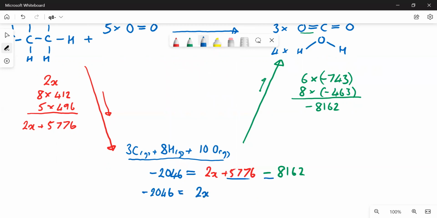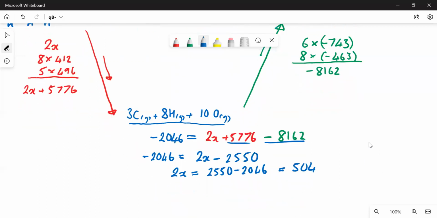Now that minus 8162 comes to plus, goes to minus 2550. So 2X is equal to 2550 minus 2046, which comes to 504. We divide by 2 to get X.